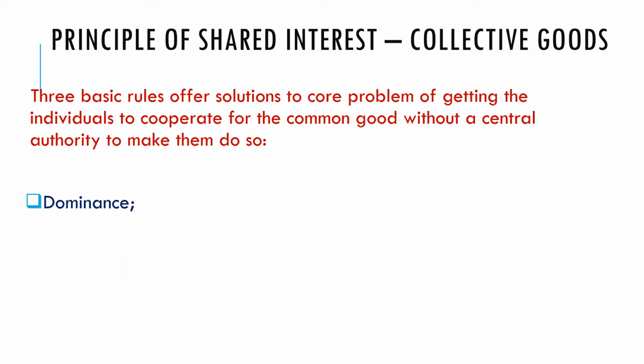One way to make different actors cooperate for a common good is the principle of dominance. The second way is the principle of reciprocity. And the third way is the principle of identity.